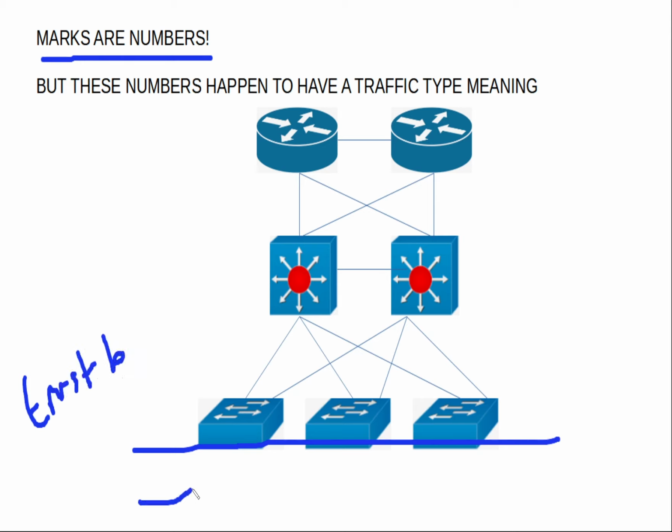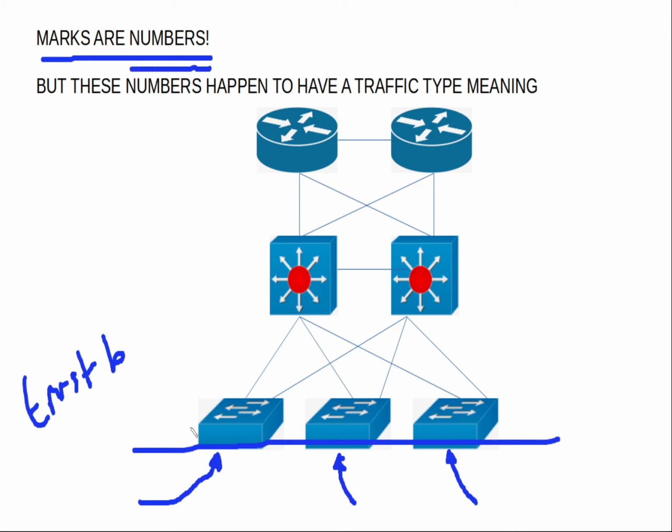So flows will arrive into your trust boundary, and you are not willing to trust the markings that these packets already have. So you want to remark them with an appropriate number that makes sense to you.